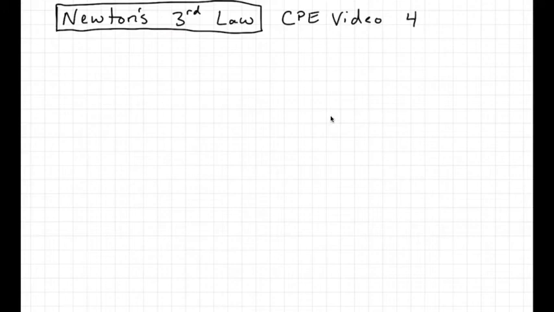But I want to break Newton's third law down a little bit into a couple of different parts to explain them and to talk through some of the tricky parts of each part. So the first basic idea of Newton's third law is that forces come in pairs.